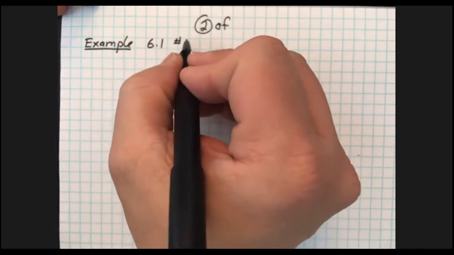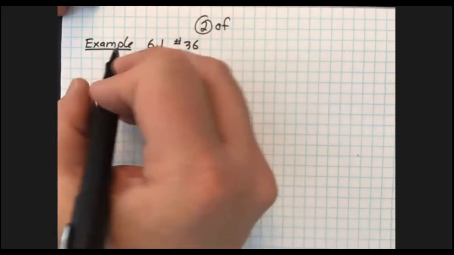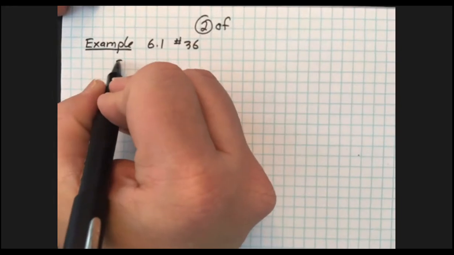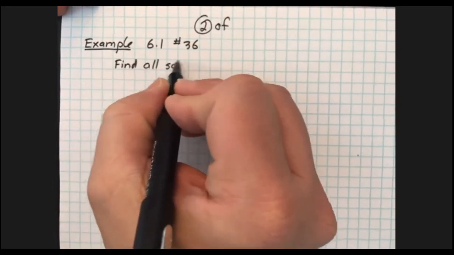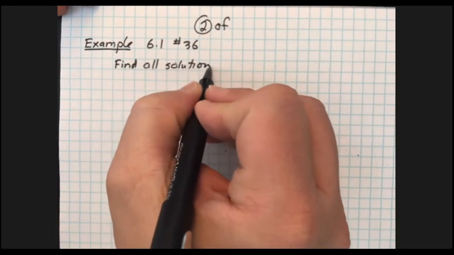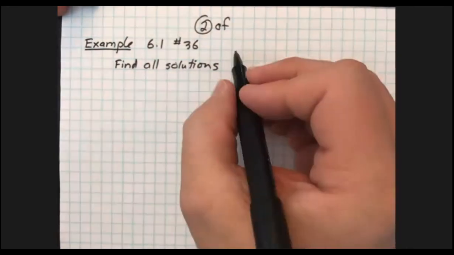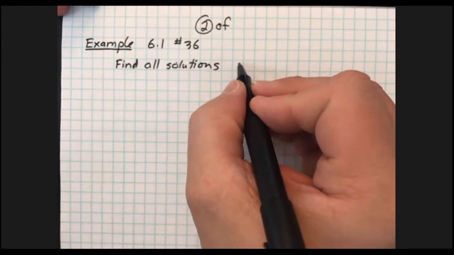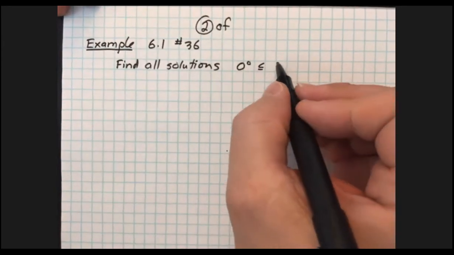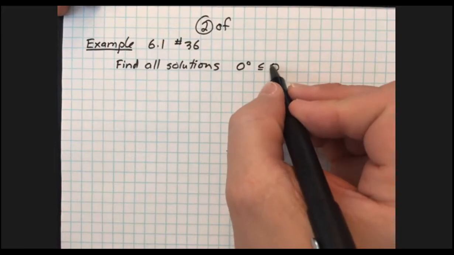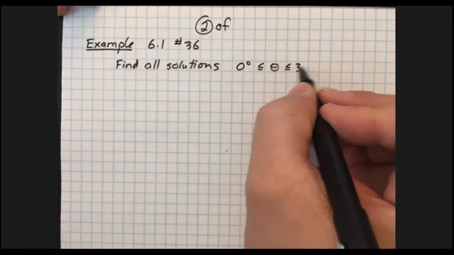Number 36 says: find all solutions, 0 degrees less than or equal to theta less than or equal to 360 degrees.